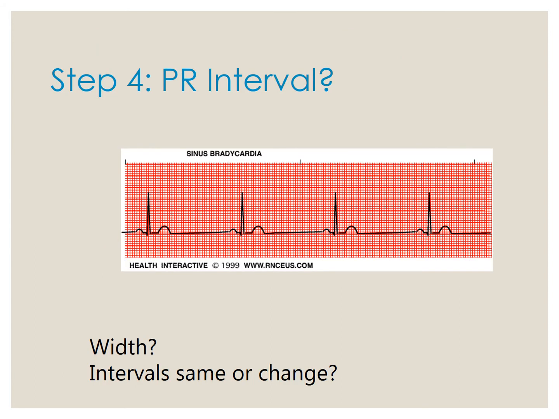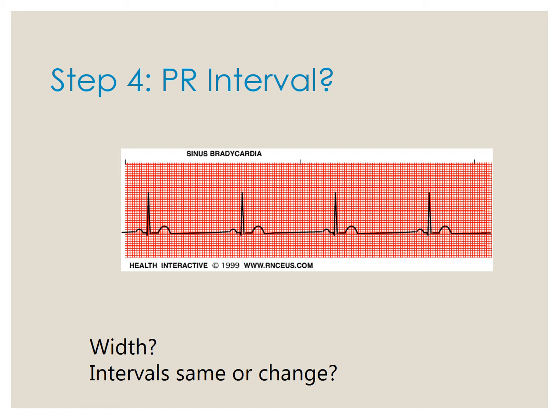Then we've got our PR intervals. Again, your normal PR interval measures 0.12 to 0.20. So you're going from the beginning of your P wave to the beginning of your Q wave. Then you see how far it is. Does it measure between 0.12 and 0.20?